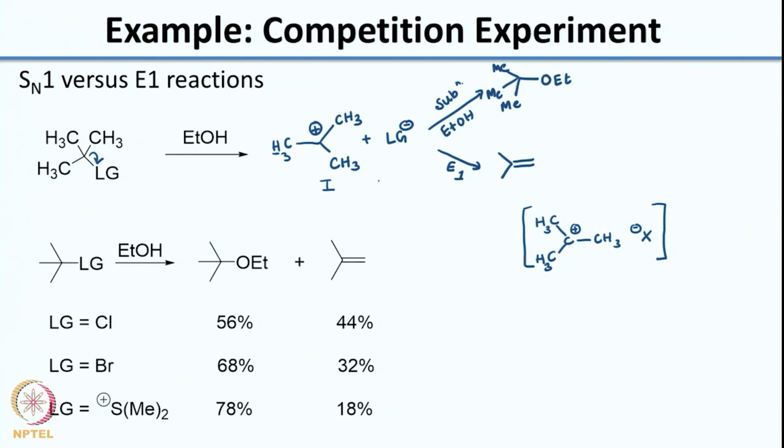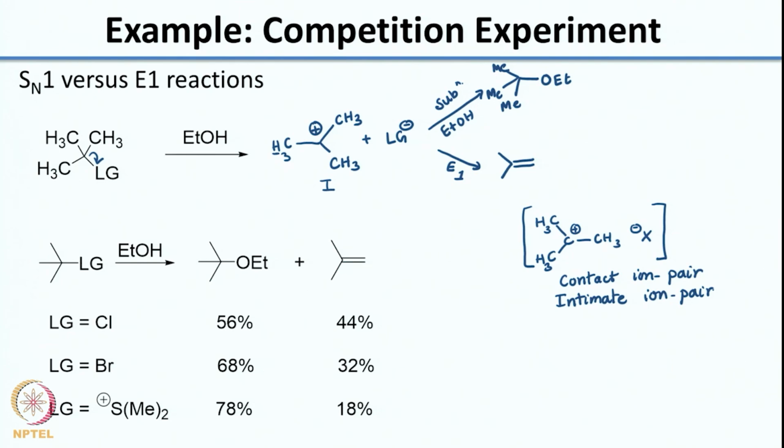Here what I am saying is they are still in very good contact with each other. So these are called contact ion pair, intimate ion pair. Just as the name suggests, it indicates that they are still very much close to each other.